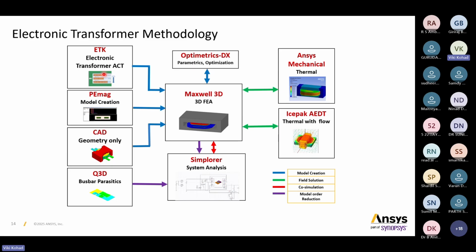So these are some parameters regarding the transformer you have to give, and it will create the Maxwell design for you, with the excitation circuit. Then it also gives some result parameters. The design is created automatically. You just create the transformer design by using the ACT extension, and then you can directly simulate this design in Maxwell 3D or Maxwell.